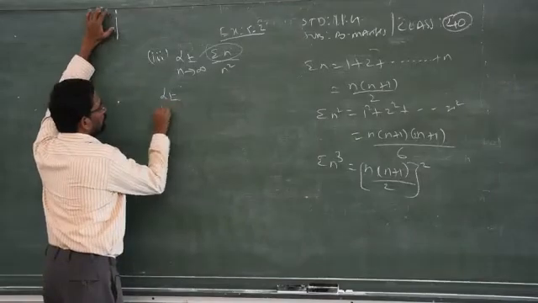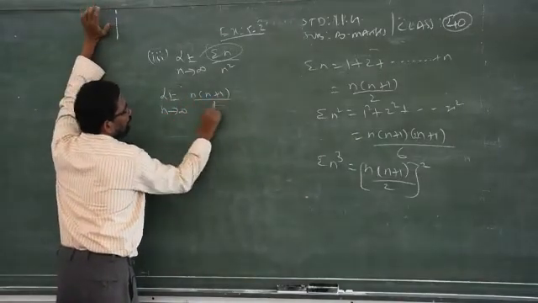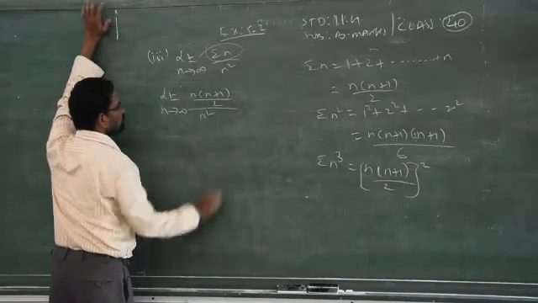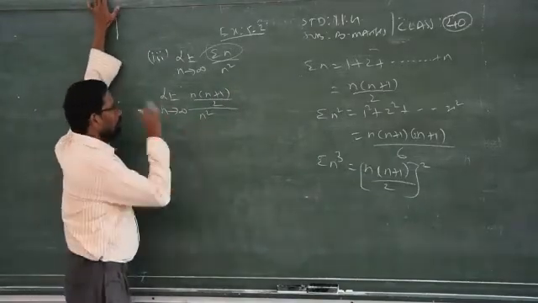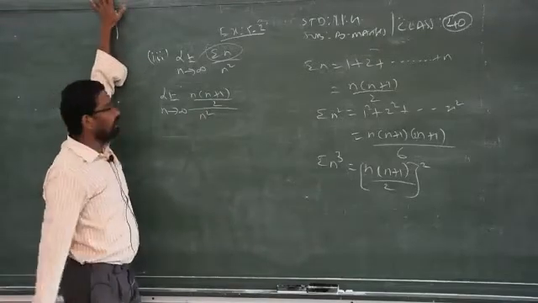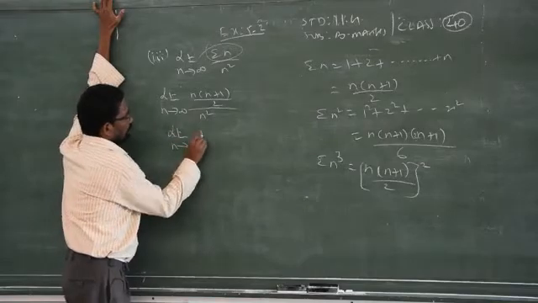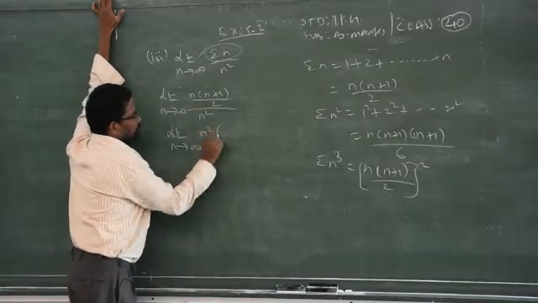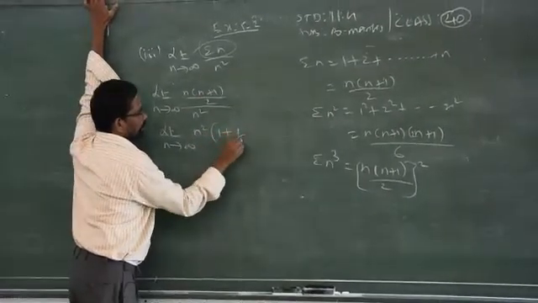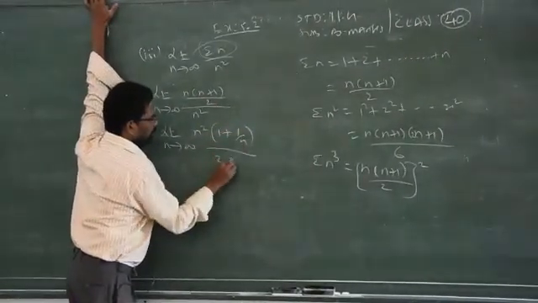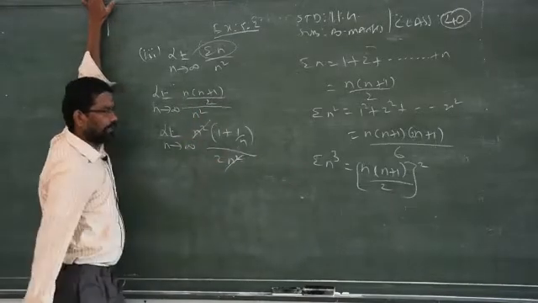Limit n goes to infinity, n into n plus 1 by 2 over n square. Again, as I just said, when the limit is given as infinity, you try to make the multiplication into the divisional format. Limit n goes to infinity, I am taking n outside, so it becomes n square. If I take n outside, it will become 1 plus 1 by n by 2 into n square. I can bring the denominator down. Both the n square get cancelled.